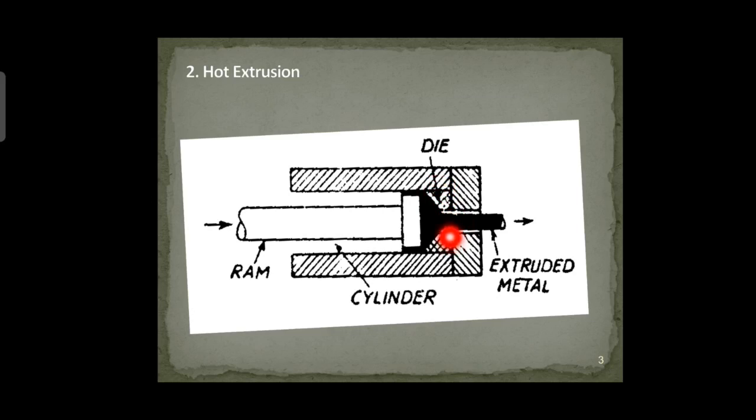So these are the parts. It's a cylinder or chamber or container which contains the inner part, the ram, and after the ram there is a heated billet or some heated metal. That is pushed with the help of the ram.